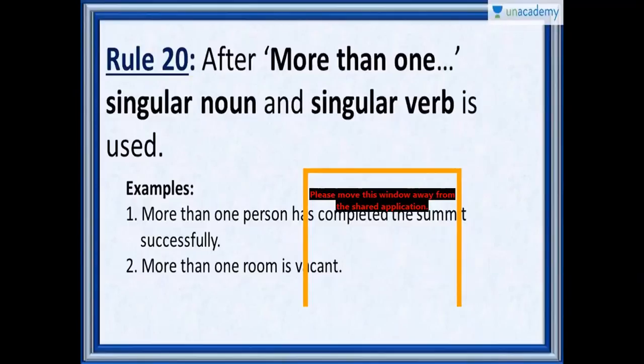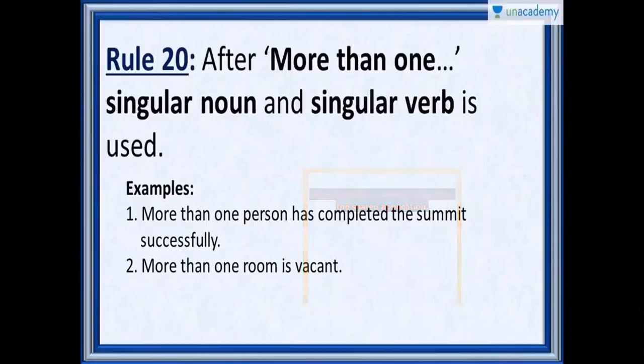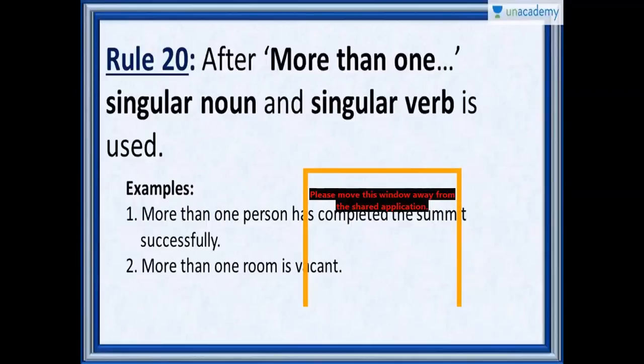More than one plus, plus symbol, addition symbol, plus singular noun takes a singular verb. After more than one, you will have only singular noun. You will not write a plural noun anytime. But just to give you verification, more than one plus singular noun takes a singular verb.